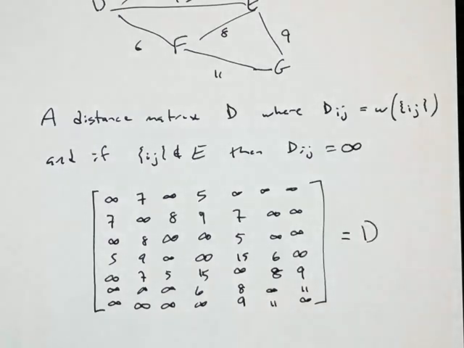Here's our distance matrix. Now, depending on the version of the algorithm you look up, I saw one version that instead of using infinity on the diagonals, used zeros, because if you're at vertex A, it costs you nothing to go nowhere. But you're not moving anywhere, right?